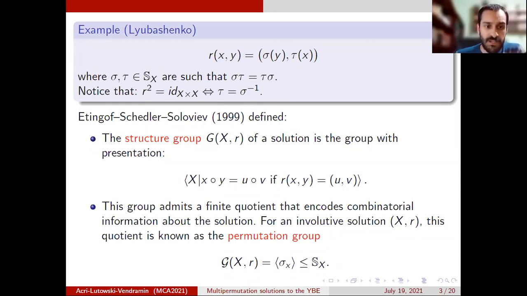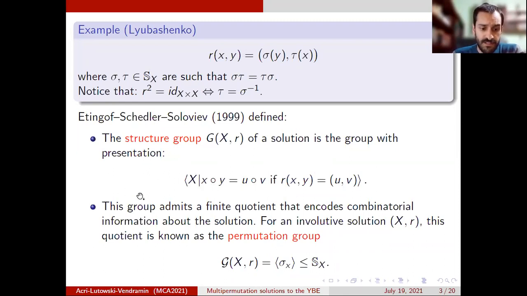So Etingof, Schedler, and Soloviev define some algebraic structures related to the solution, and one is the structure group of a solution, which is presented like this, where the operation is given by the circle.